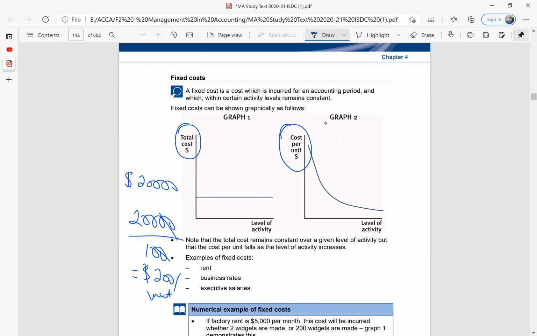Every 100 units that you make, you're going to sell in the market, you will get some income out of it, and then you'll be able to pay fixed cost. Which is why we apply the fixed cost per unit, to understand how much fixed cost every unit has to bear. But if I increase it to 10,000 units, it becomes $2.